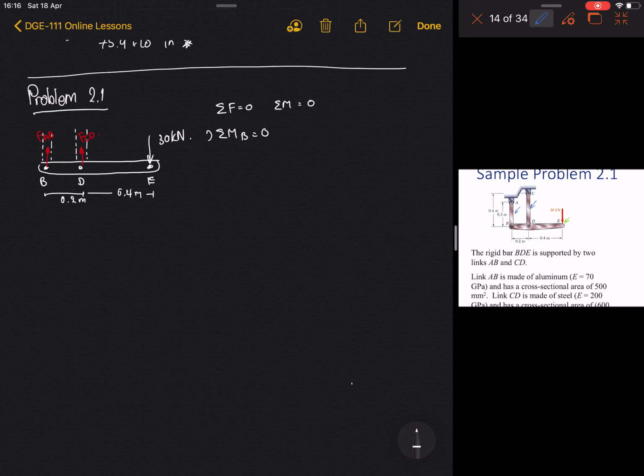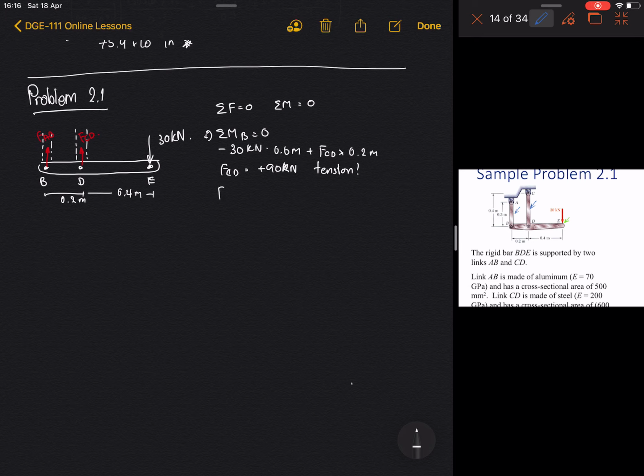I'm rotating about B. Then we will get minus 30 kilonewtons times 0.6 meters plus F_CD times 0.2 meters. Then we will have F_CD equal to plus 90 kilonewtons, as tension. This is the force from CD.